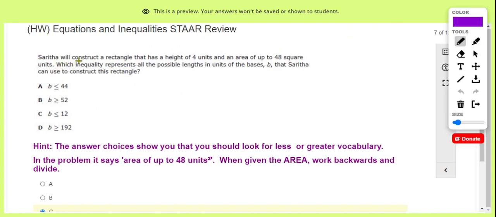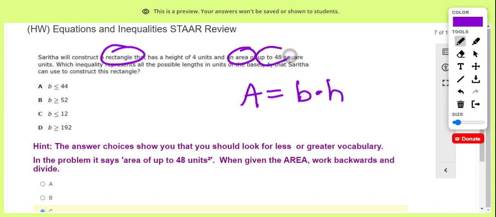So Rita is constructing a rectangle, and it's talking about area. So the area of a rectangle is base times height. And now it says up to 48 inches. So if it can go up to 48, that means 48 is the greatest.